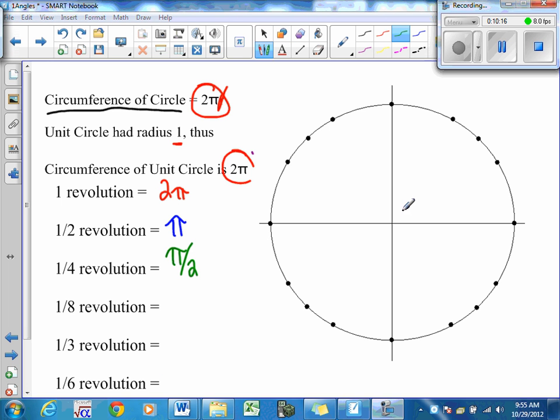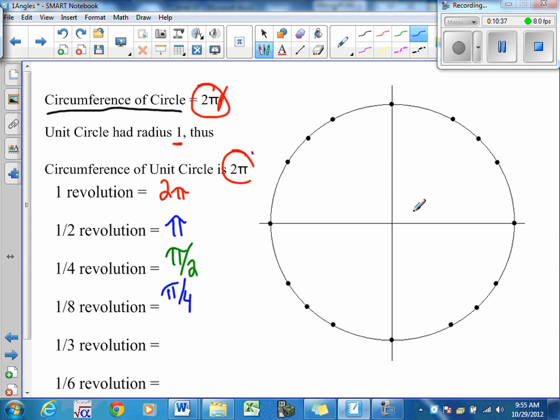So we did our pi over 2, which was a quarter way around the angle. Now we want to cut that in half. That will then give us an 1/8, which is pi over 4.